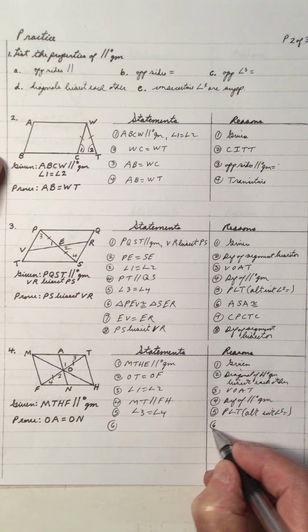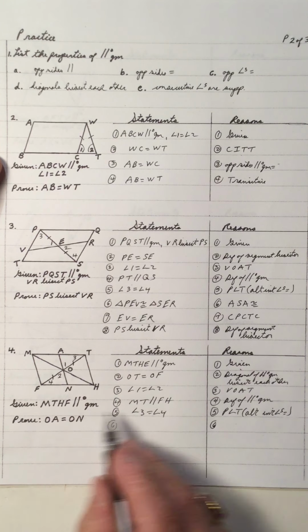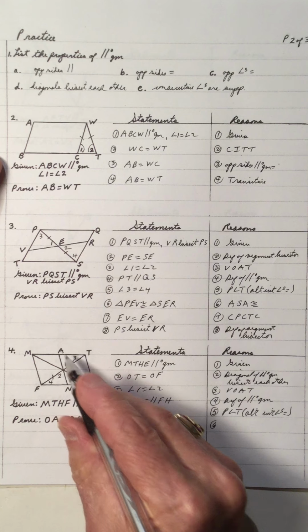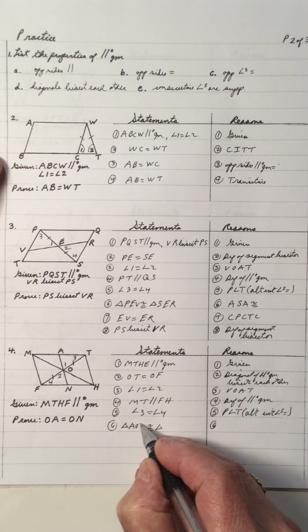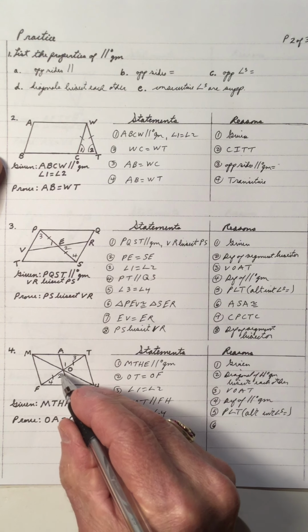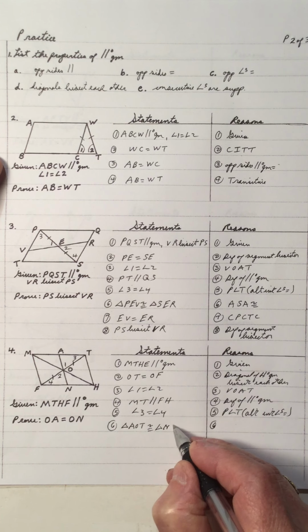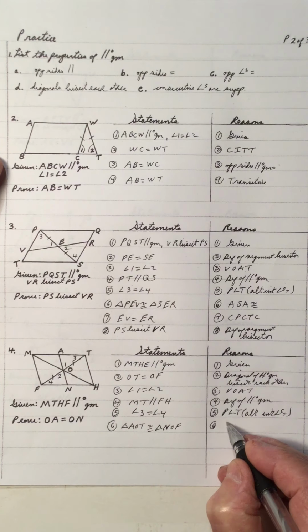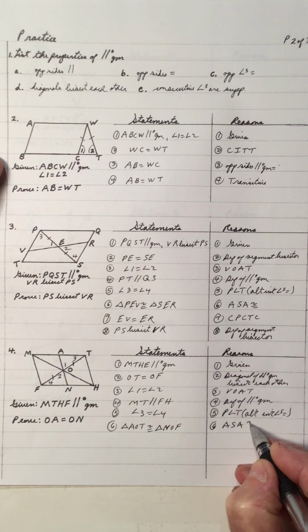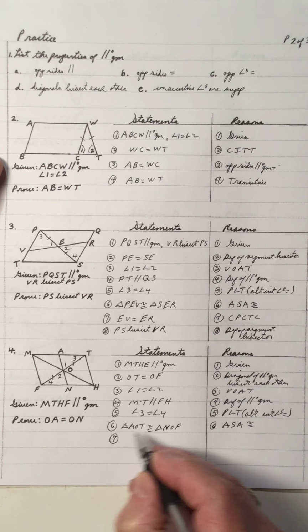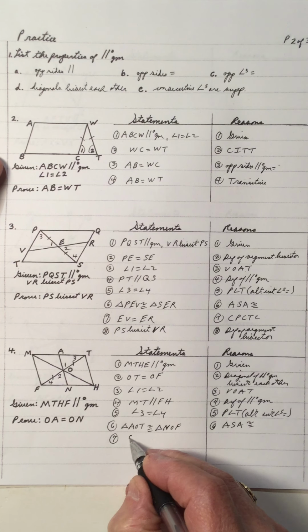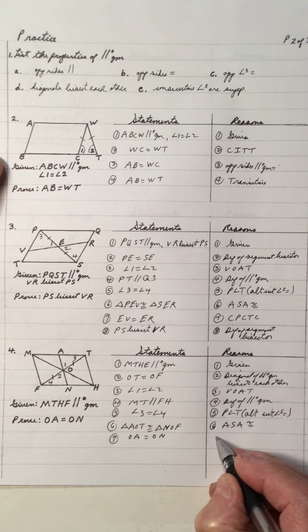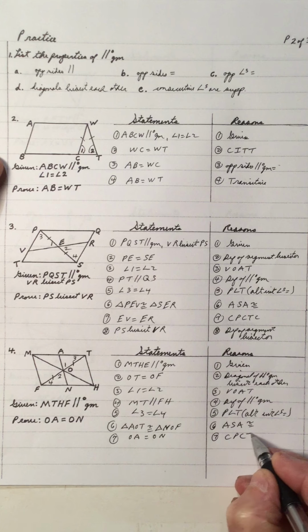Number 6, so I have 1 equals 2, segments are equal, so the triangles are congruent, and I name the triangle AOT and NOF. And that's angle, side, angle congruency. And as a result, I have OA equals ON, CPCTC.